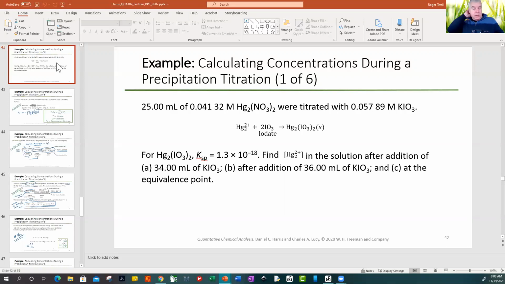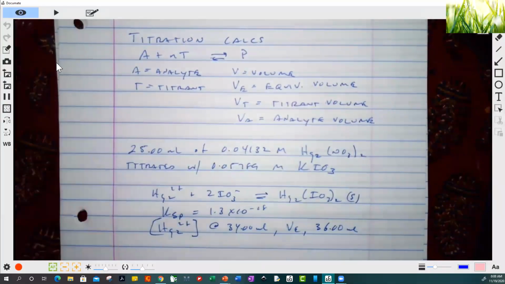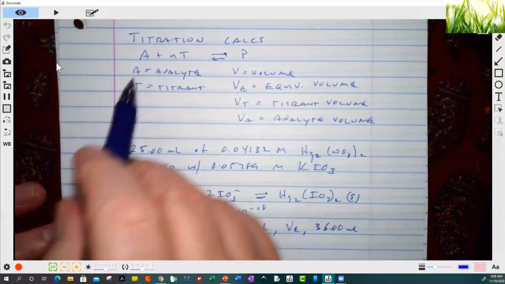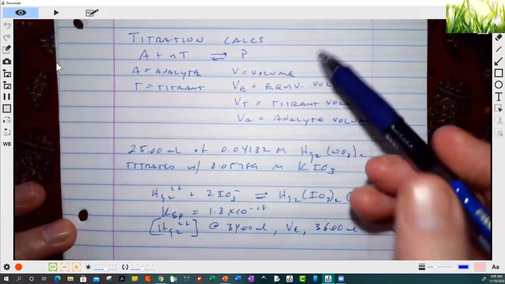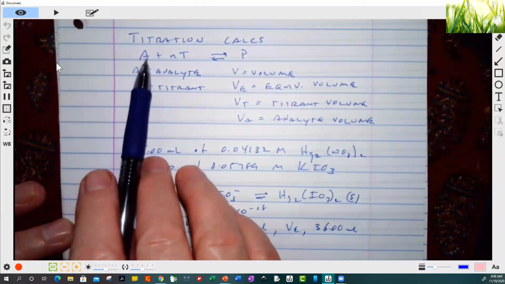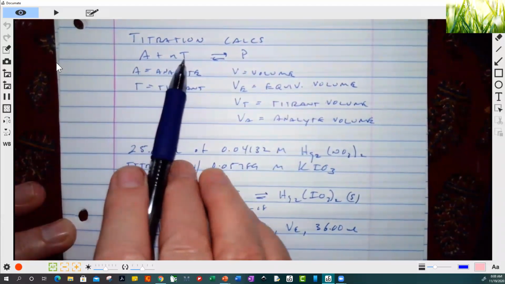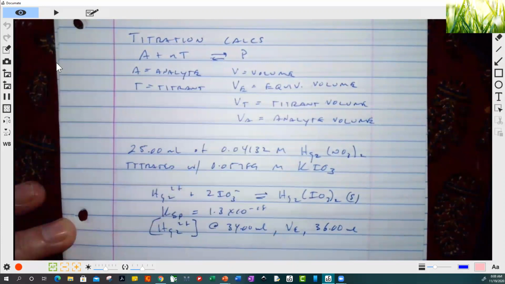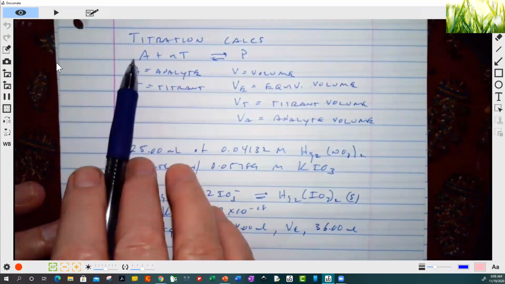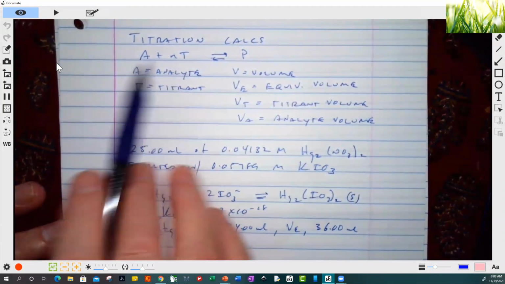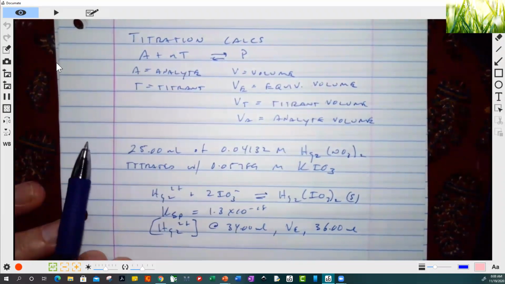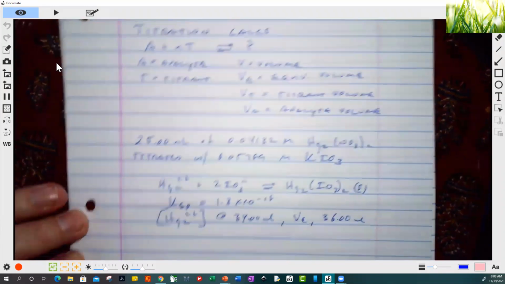Okay, so let's go ahead and do this using our rules that we're going to make up here. Titration calculations: analyte plus some number of titrant molecules makes a product. Maybe I need something by the A, but not perfectly generalized yet.